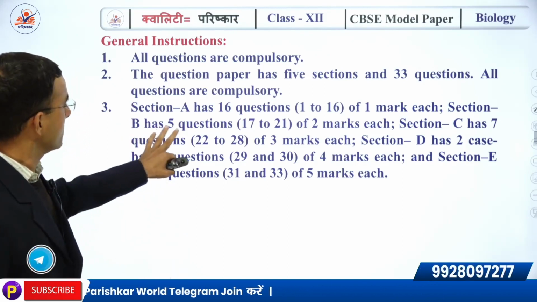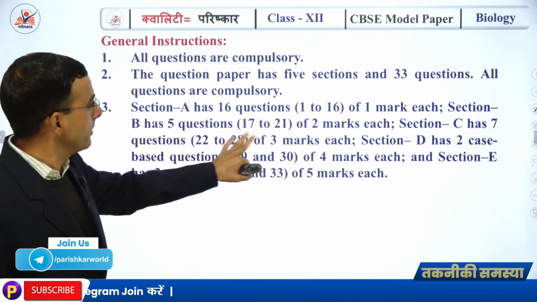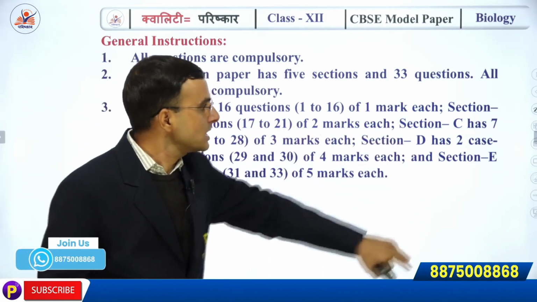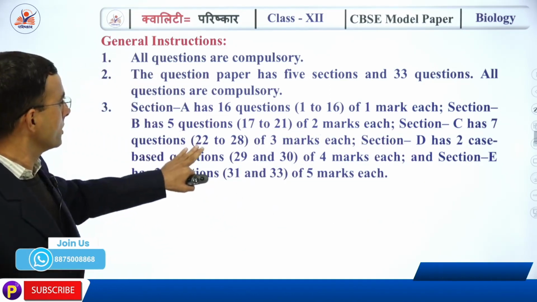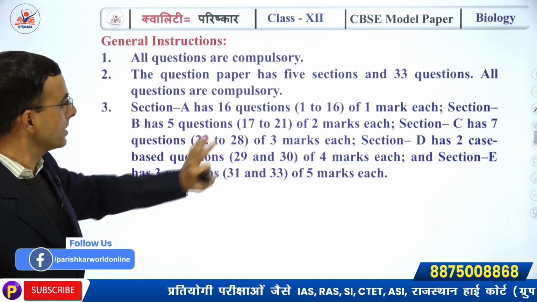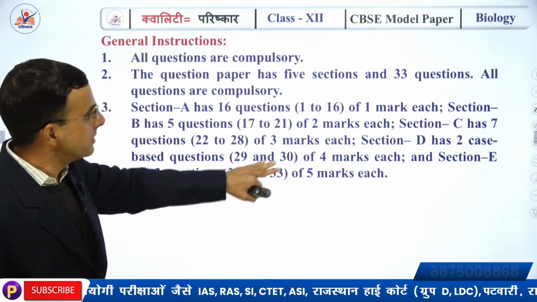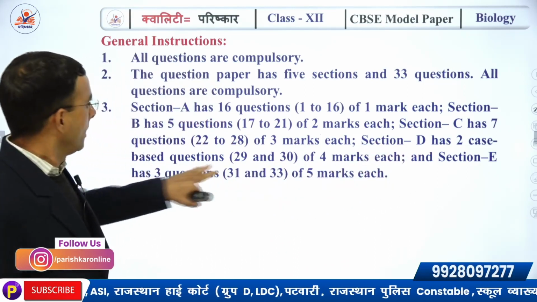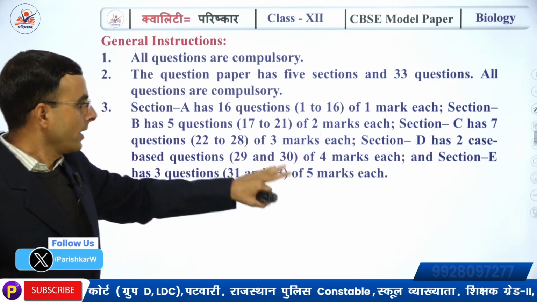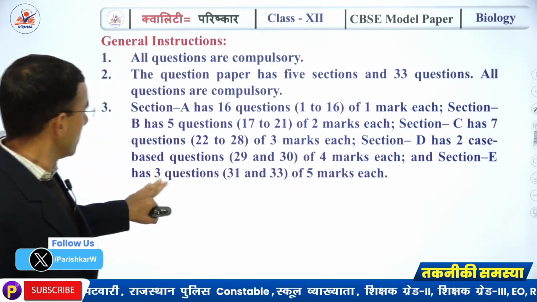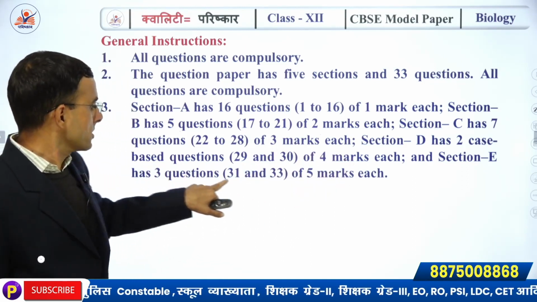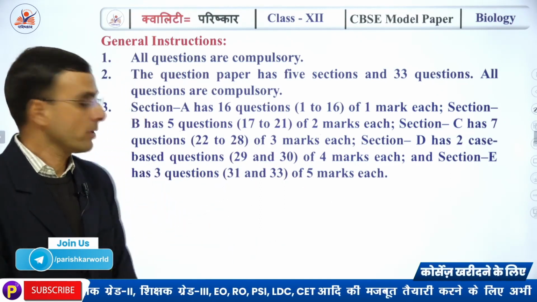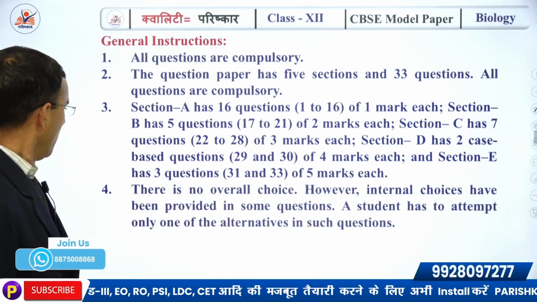In the second section there are 5 questions, 17 to 21, 2 marks each. In the third section, C, there are 7 questions, 22 to 28, 3 marks each. In the fourth section there are 2 questions, 29 and 30, and in the fifth section there are 3 questions, 31 to 33. Each of these questions carries 5 marks.